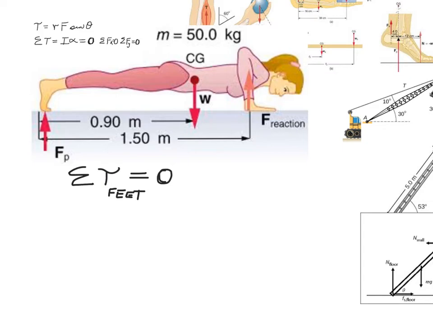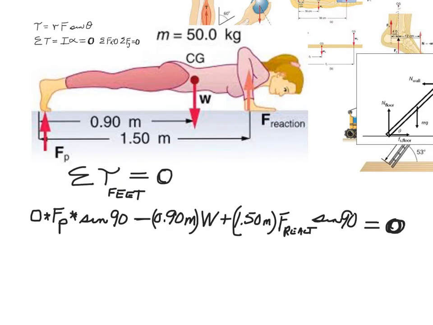All right. So pause the video and see if you can write down on the left-hand side of the equation all the torques and then set them equal to 0. And then come back and see if what you wrote down is what I wrote down. Okay, do you have this?